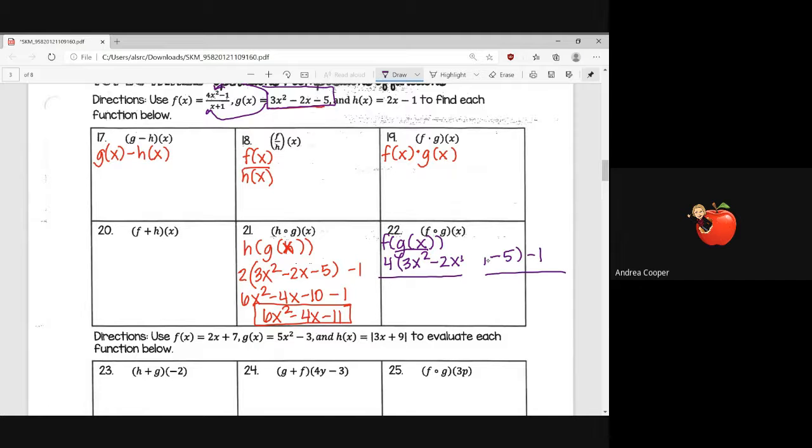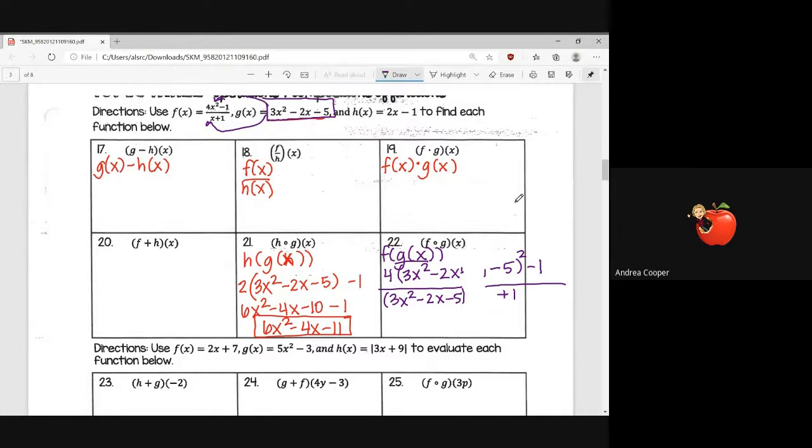Sorry, I have a hole in my screen. So this should be squared. Now from here, Dylan, you would square this and then just simplify it. Okay. Does that help? Yeah.